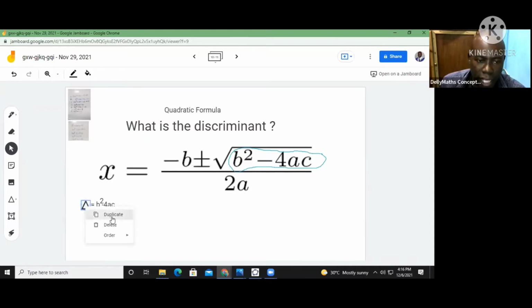So while you're working out this, and this is just for information, say you work out what is under the square root, and you get a number that is greater than 0.